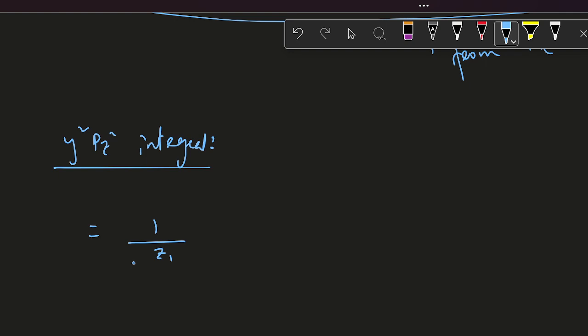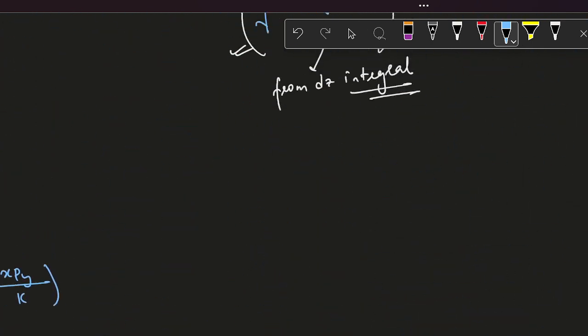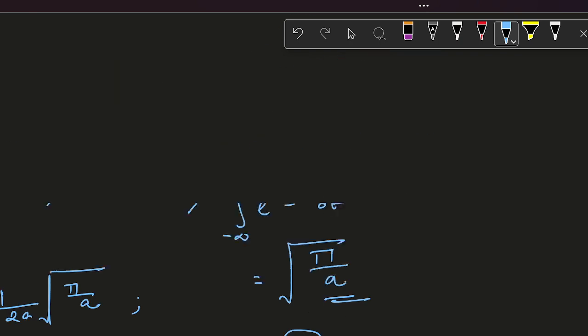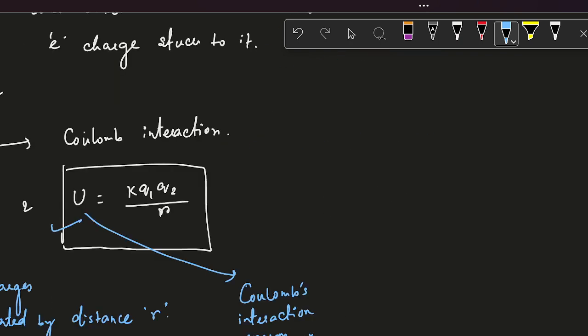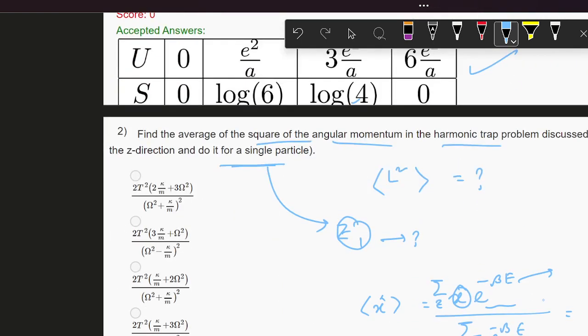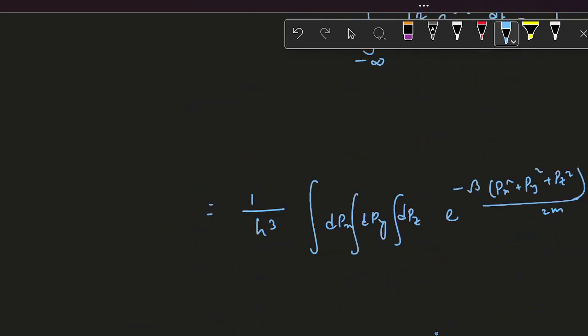Just let me check one second. Because if you just go back in the question, in the question you have no h cube part left, because I missed out one term.